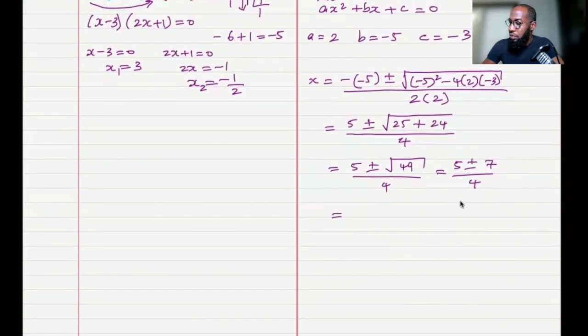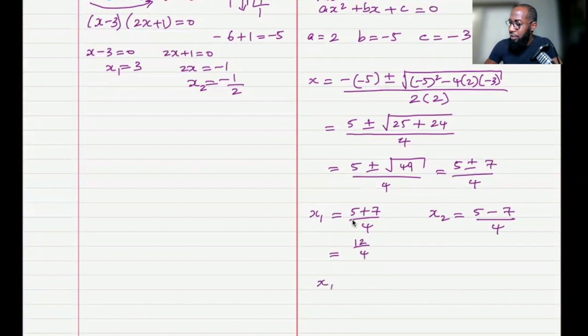All right, so x1, I like to use plus first. I'll have 5 plus 7 over 4, and x2, I'll use 5 minus 7 over 4. That's why you're using the plus or minus, right? That's where the plus or minus is going to separate. So 5 plus 7 over 4 is 12 over 4.